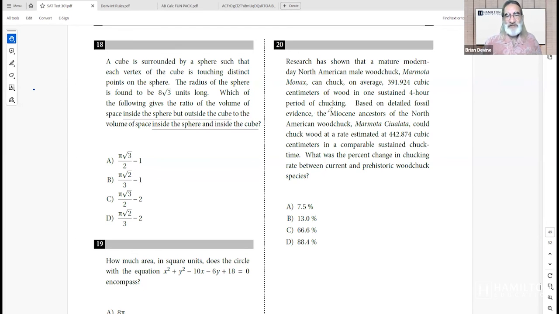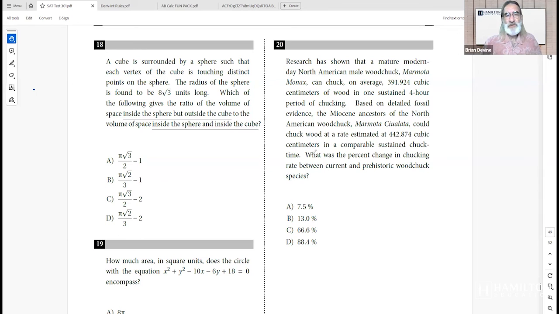And based on detailed fossil evidence, the Miocene ancestors of this North American woodchuck, the Marmota chililata chupacabra, I'm going to call them Monax and Chupacabra, could chuck wood at a rate estimated at 442.874 cubic centimeters in a comparable sustained chuck time.